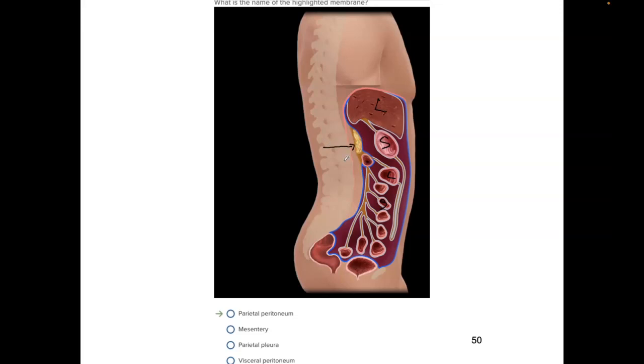Back here is the pancreas, and back here are the kidneys. Now, the blue structure right here is lining the wall. So that's the parietal peritoneum. If it was going like this inside around the liver, then it would be the visceral peritoneum.